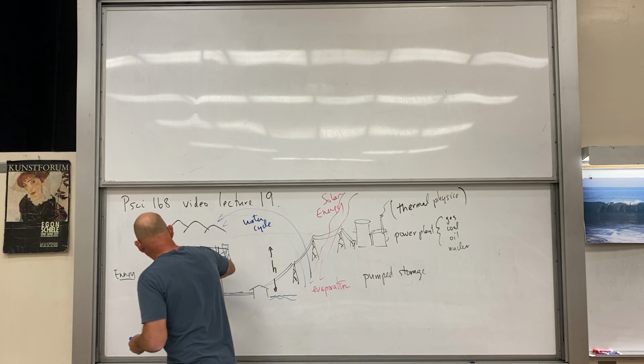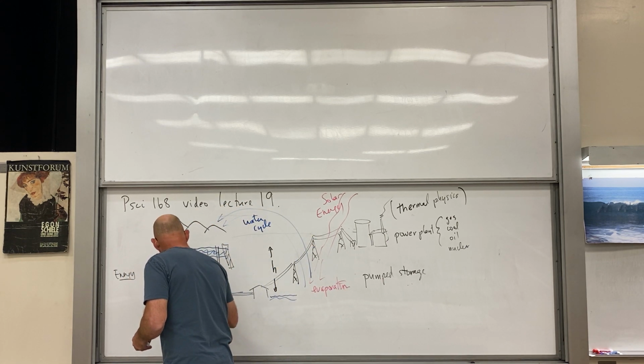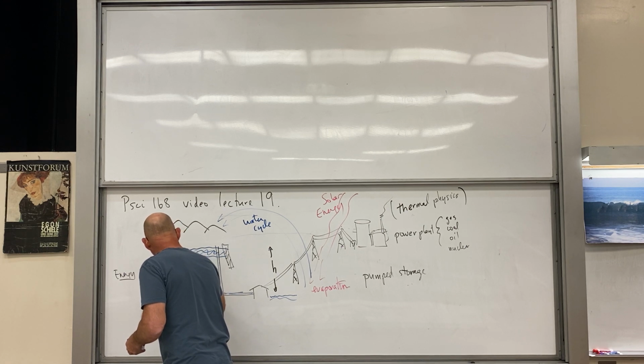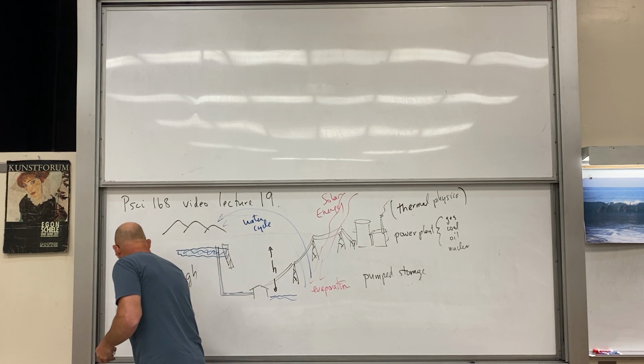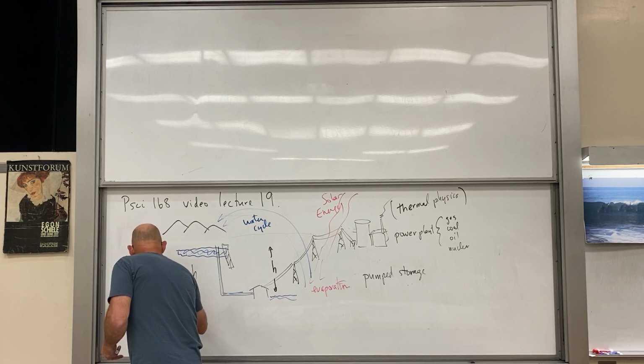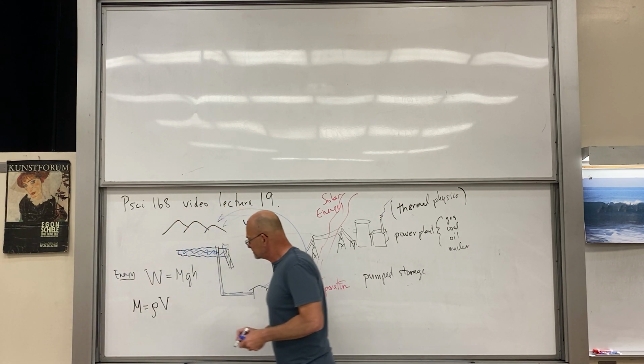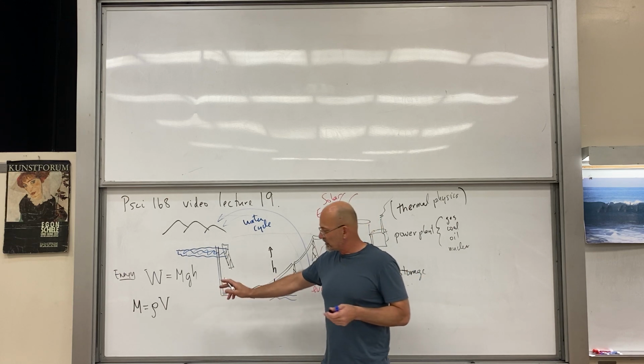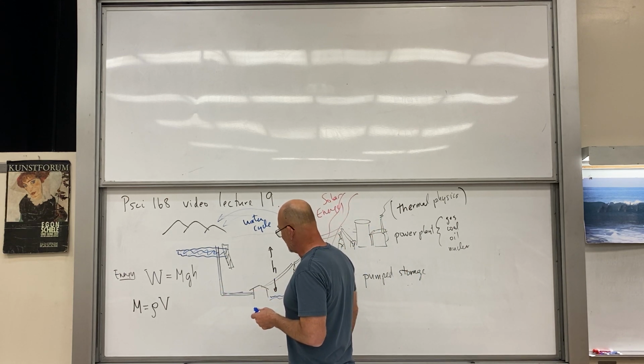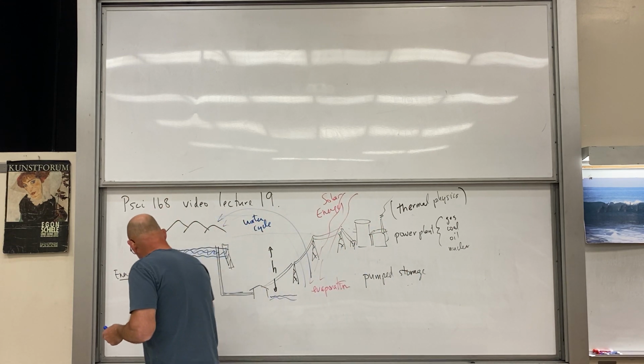I'll use the uppercase here, although we have to be confident using either. That way I can remind us that the mass is the density times the volume. We have that in our notes, right? Density times the volume.